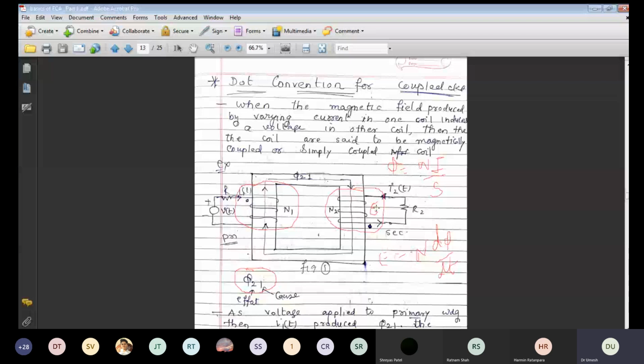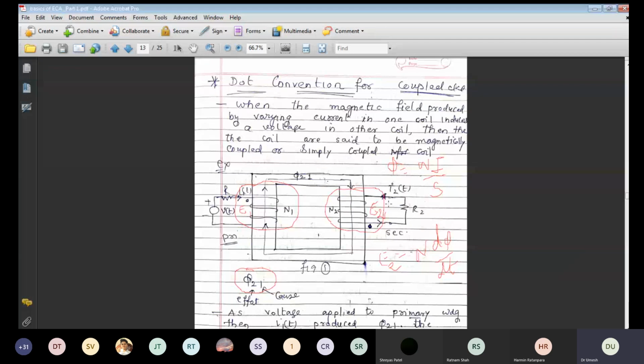Now the same flux links with this winding, and here also an EMF is induced, that is E1, which is equal to N1 d phi by dt. Here phi is equal to phi 2 1, the flux produced in this winding.